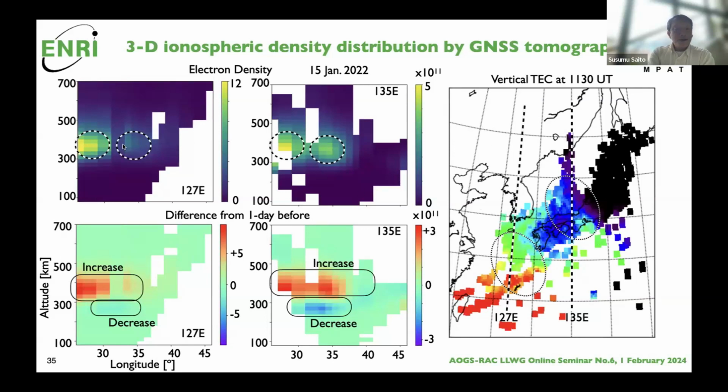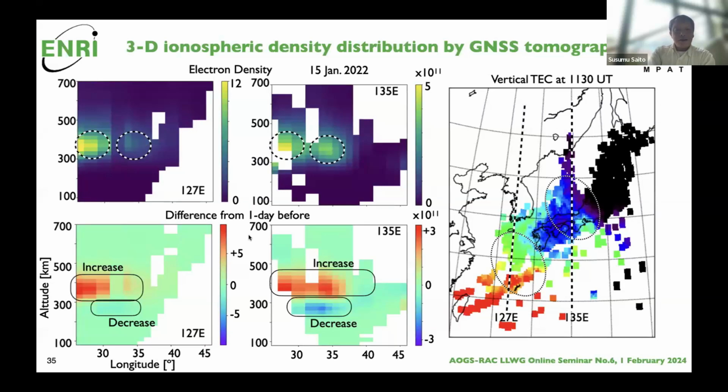So the left-hand side is the cross-section of the ionospheric density profile along these two longitudes, 127 degrees east and 135 degrees east. And we see that the peak of the ionosphere density was found between 300 and 400 kilometers.